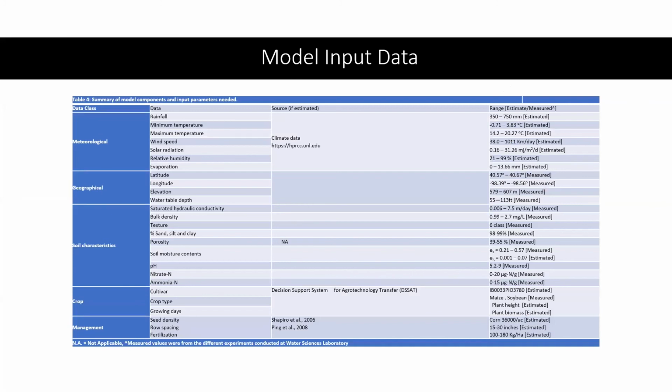We collected a lot of data from a variety of different sources. That's what this slide is showing us, and we used hydraulic conductivity measurements to see what kind of profiles we might predict based on the sediment lithology.